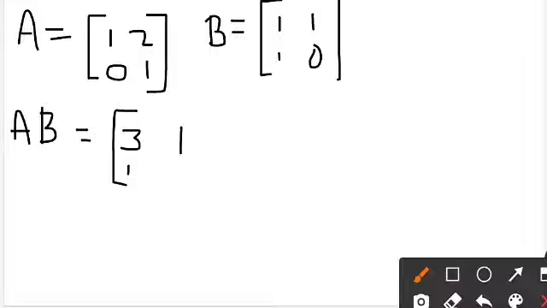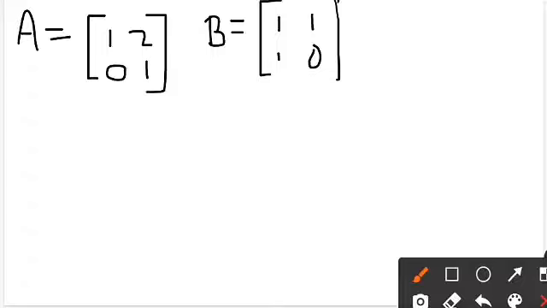And 0 multiplied by 1 is 0 and 1 multiplied by 0 is 0, so here is 0. So we are getting the matrix [3, 1; 1, 0], whose determinant is 3 into 0 is 0, minus 1, so the determinant is minus 1. So the closure property is satisfied.